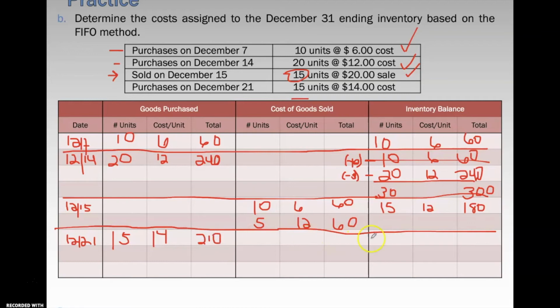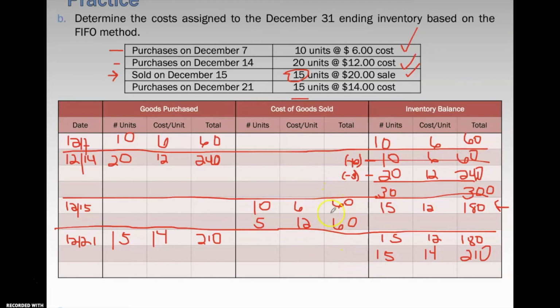Okay. So what's my balance? Well, I have this as my balance, what I had before, plus a new order. So I just put both of them in. I had 15 units at 12 from up top, just carrying it down. And then I was going to add my new purchase to it. 15 units at $14 each for a total of $210. That's it.